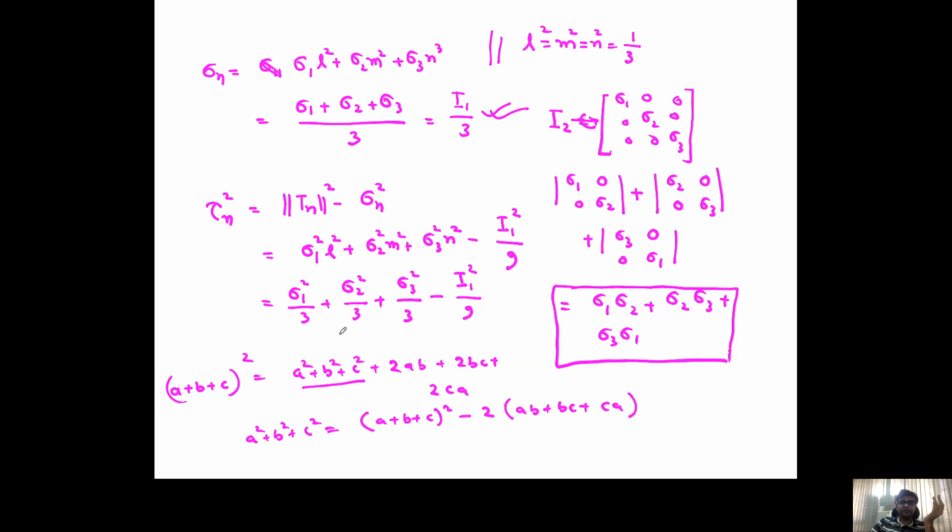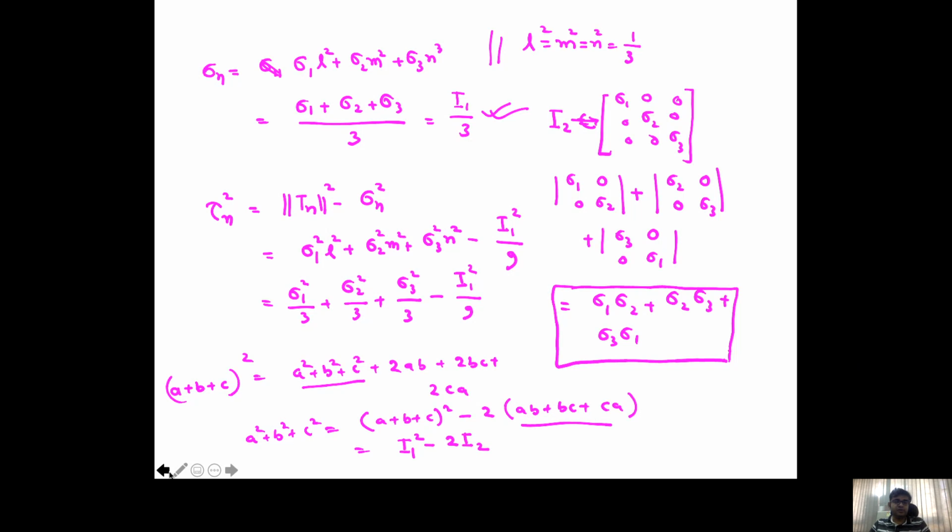Now, in the context of this sigma, if you look into it, what is this a plus b plus c? This is I1, right? So we have I1 square minus 2 times, this is I2.